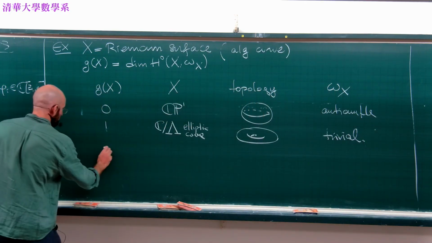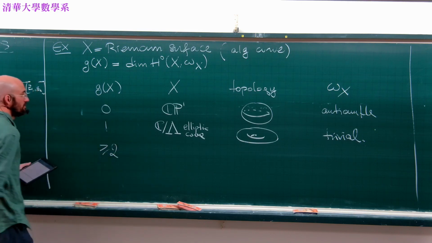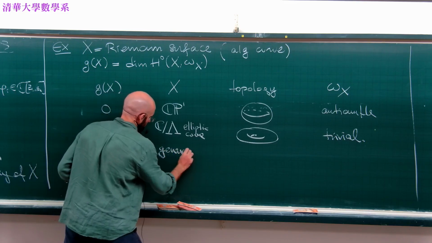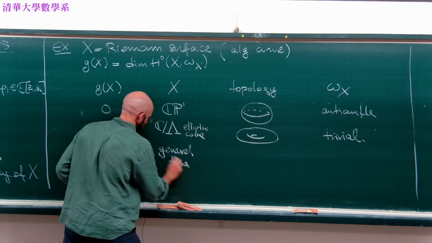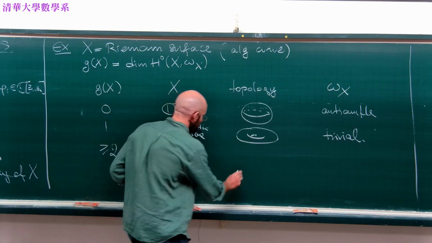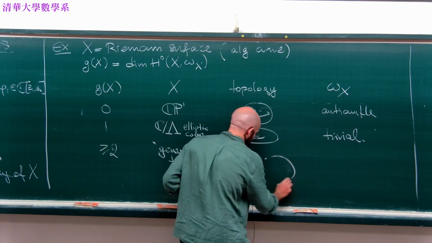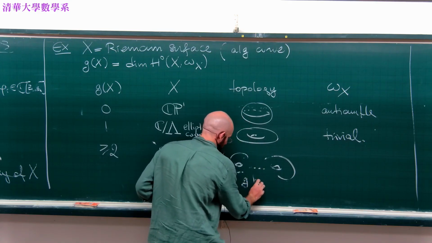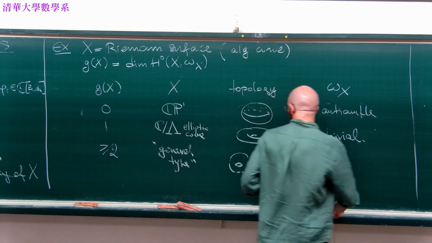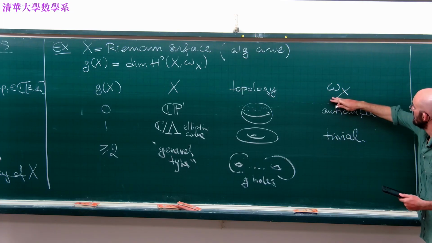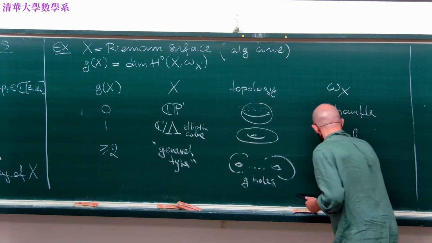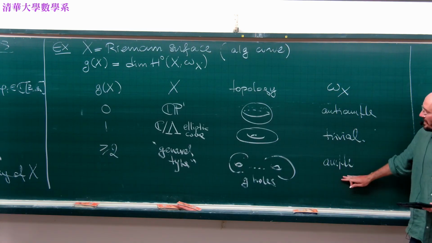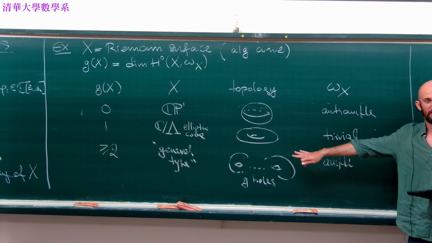Instead, when the genus is at least 2, we have what we call a curve of general type. Topologically, this is nothing but a donut with g holes, and these are characterized by omega X being ample. So in this case, omega X will give you an embedding inside projective space.